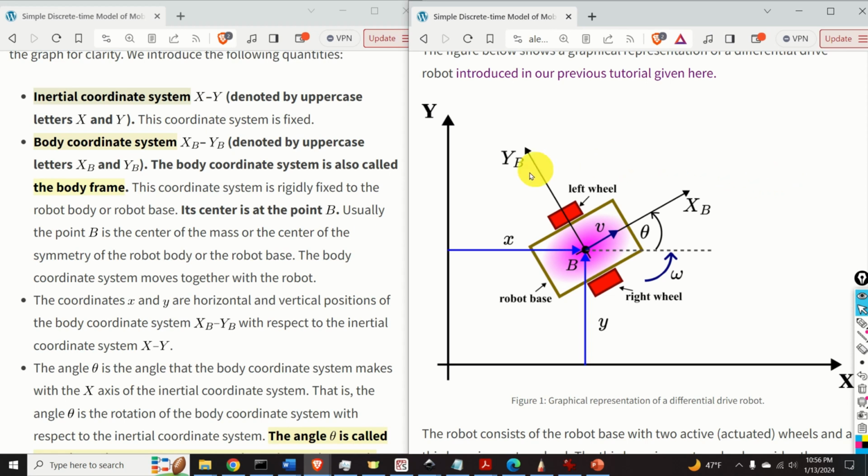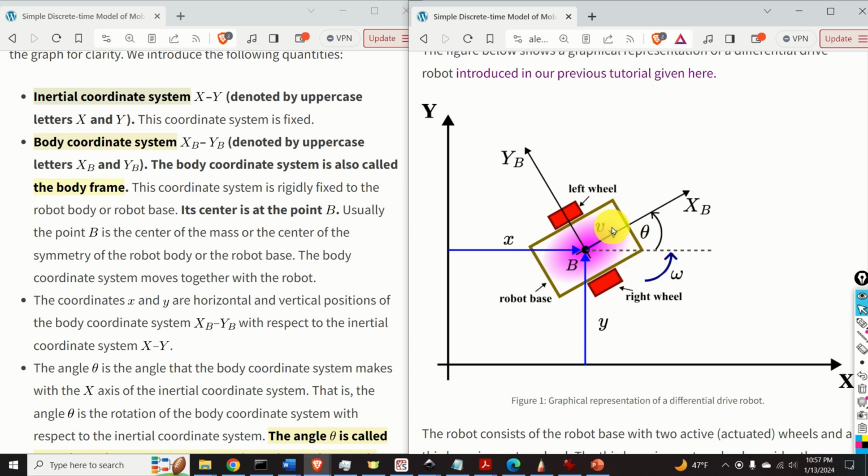This figure shows a graphical representation of a differential drive robot that we introduced in our previous tutorial. A link to that tutorial will be given in the description below this video. The robot consists of the robot base with two active or actuated wheels and the third passive caster wheel.